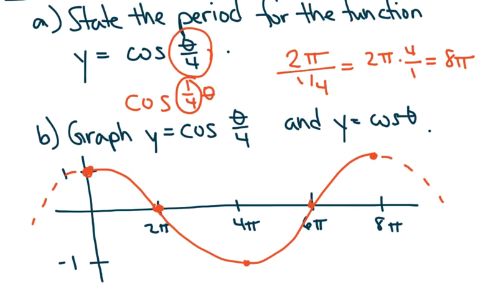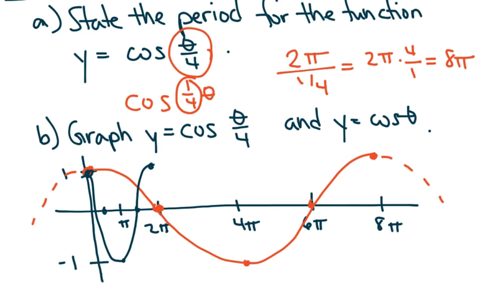So then what would one period of cosine theta look like in comparison to this? Well, remember, cosine theta only has a period of 2 pi, which means that its graph would start and end at its maximum, the middle would be the minimum, and in between would be its x-intercepts. So that would be cosine theta.